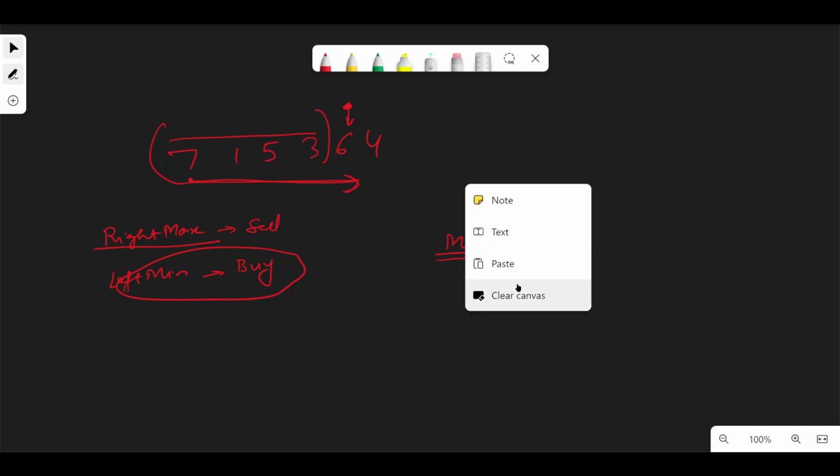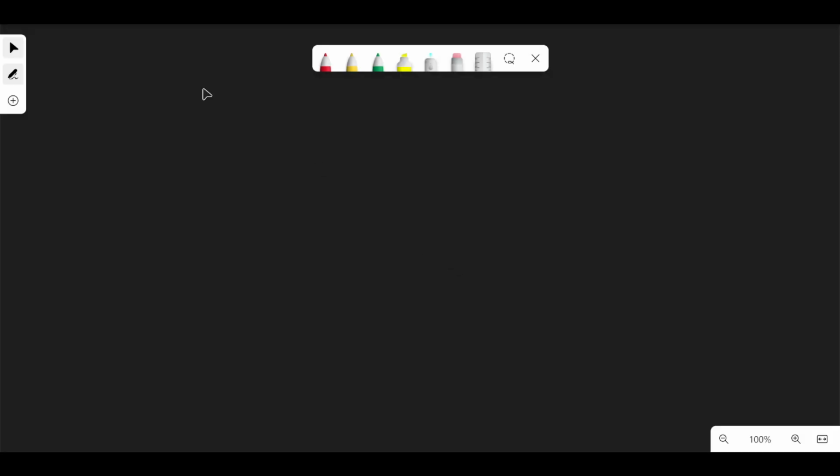I'm going to clean this up and let's look at what I can do on a particular day. Right, on a particular day, so this is my day. What can be my states? There can be one state where I have bought one.